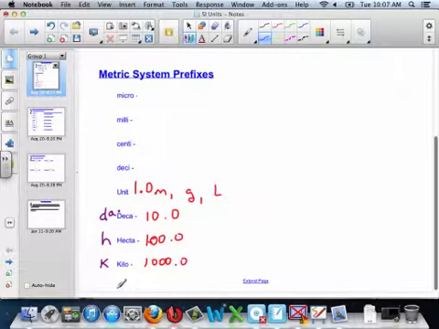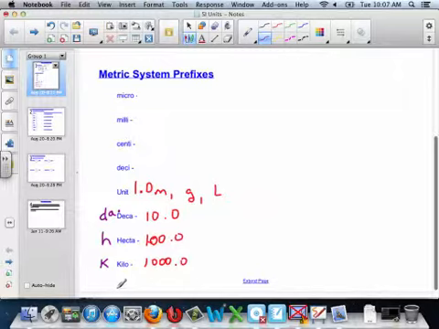But if I ask you to go from kilo back to the unit, or from a unit to a kilo, all you have to do is take that decimal and move it around. There's no math involved. The hard part is remembering which direction to move it and how far. But the number doesn't change. All we're doing is moving the decimal.